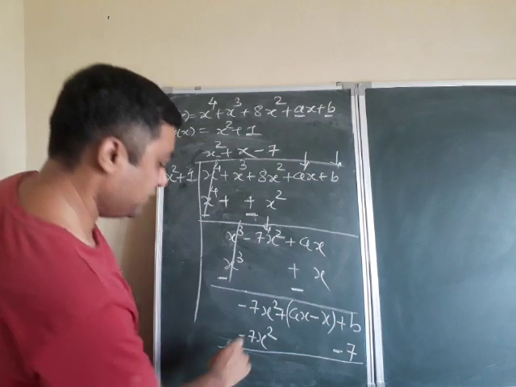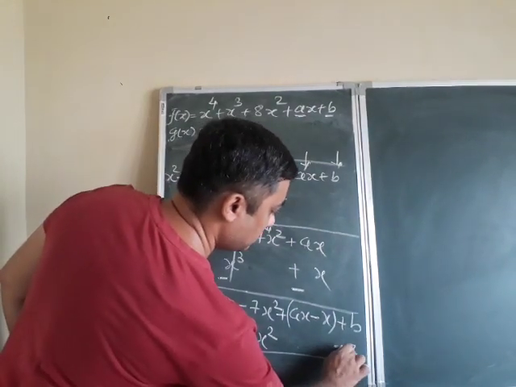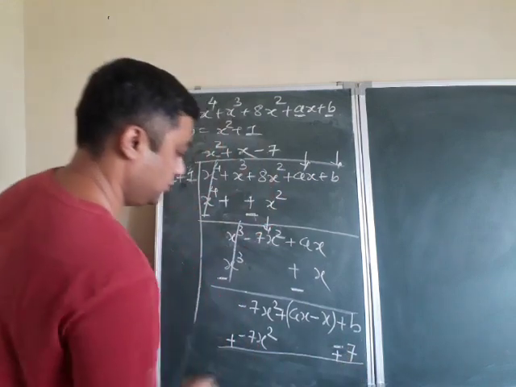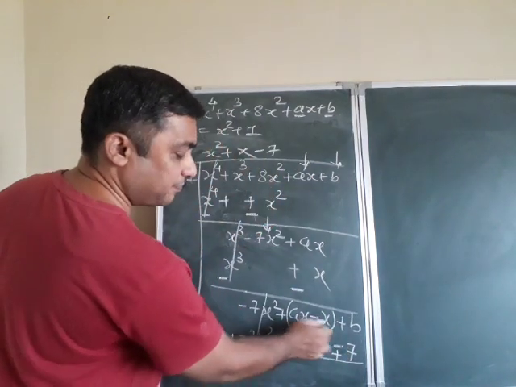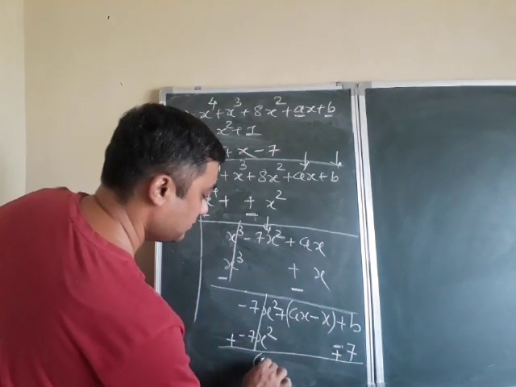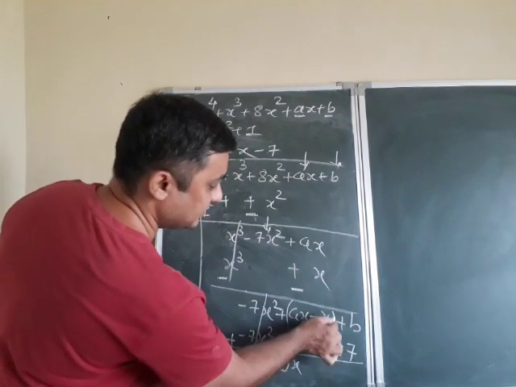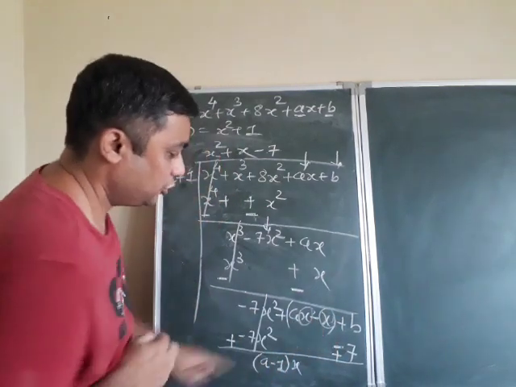Okay? Now I change the sign. This would be a plus and this is minus, but it makes a plus. So this is cancelled. This remains same. Can I do one thing? I can have x as a common. So remaining is a minus 1 into x. See, this x is common. So x common.